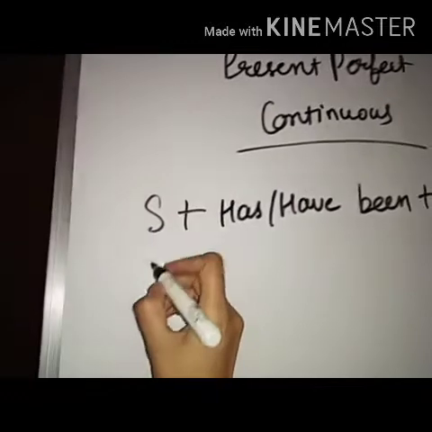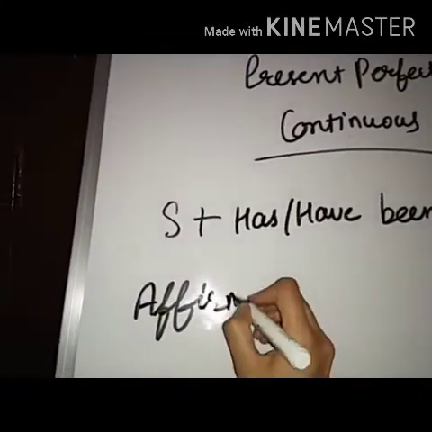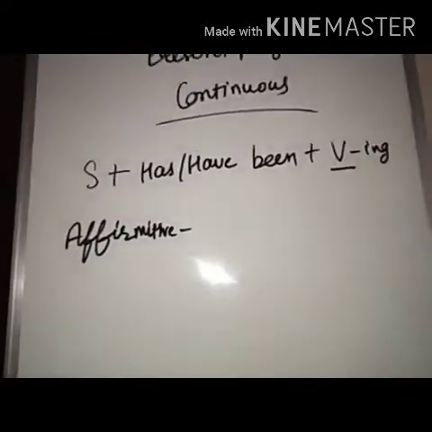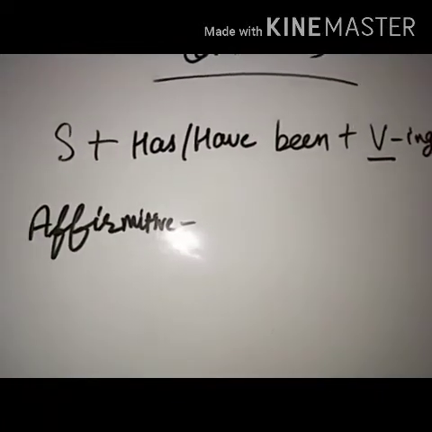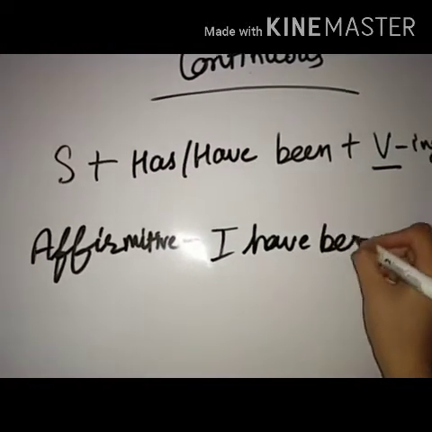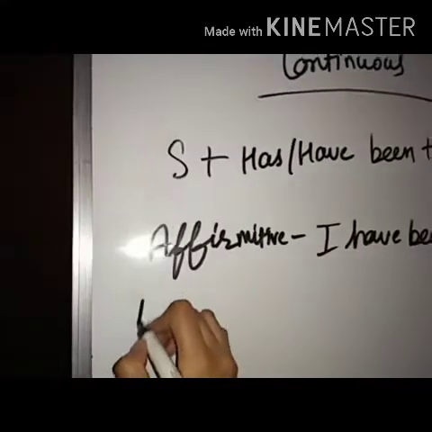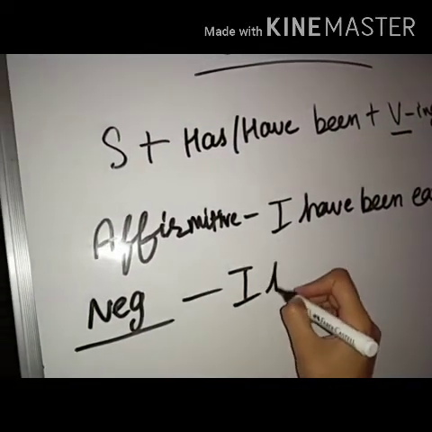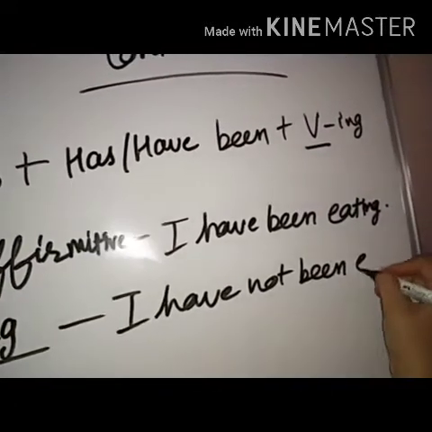Okay, first, now we will look at its pattern for writing in different sentence types. If you are writing in affirmative, then you will use I have been eating, and in negative, I have not been eating.